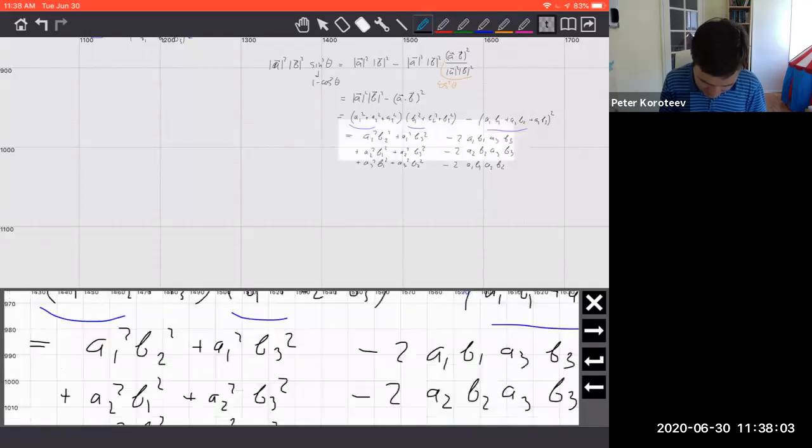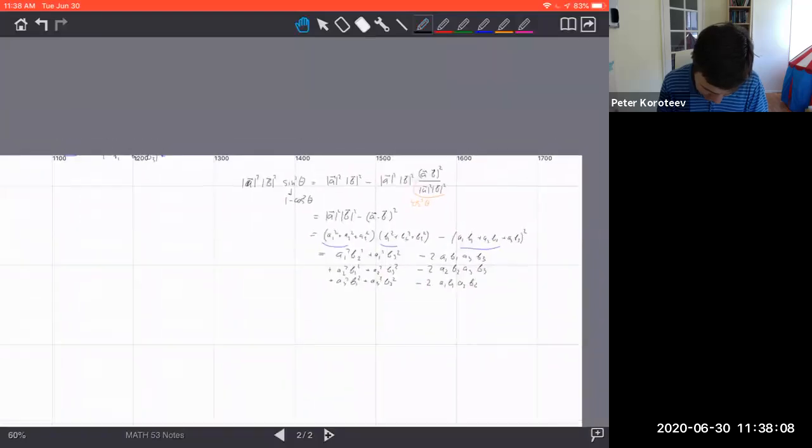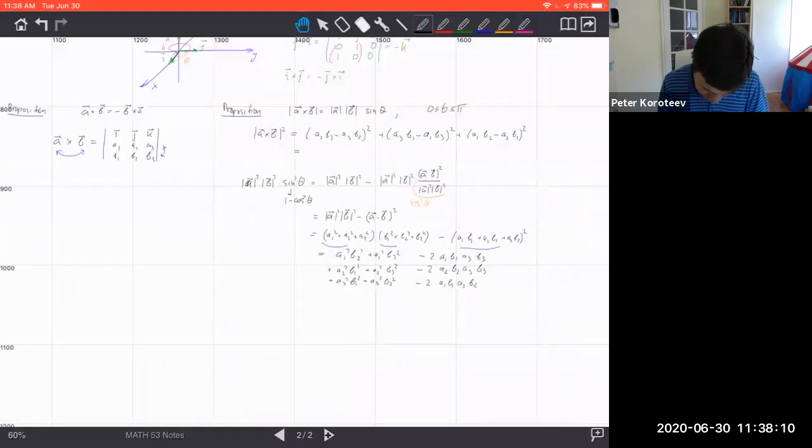And now you can see that every row here corresponds to the top formula. The first term corresponds to a2 b3 plus a3 b2 minus 2 of the cross term. They need to combine them differently.